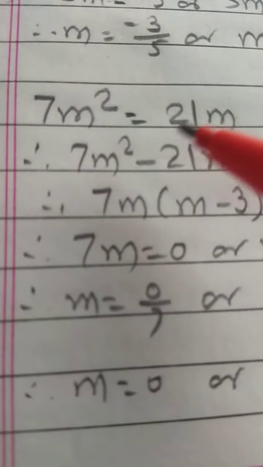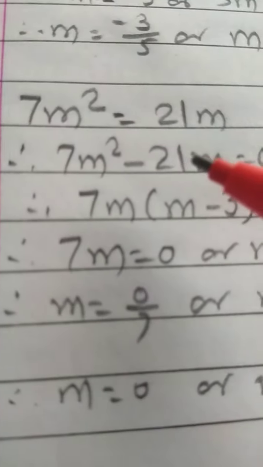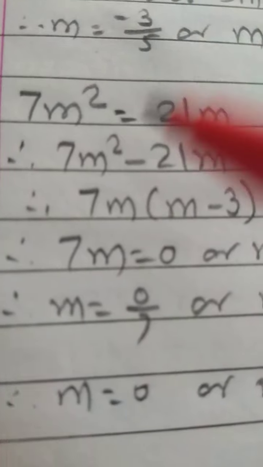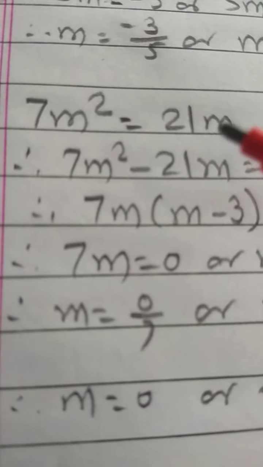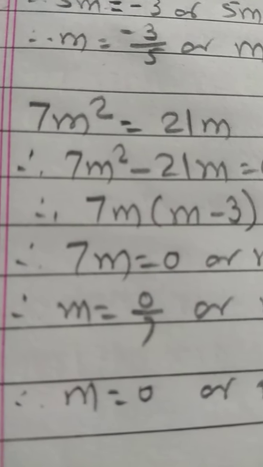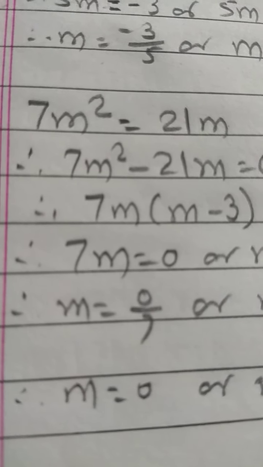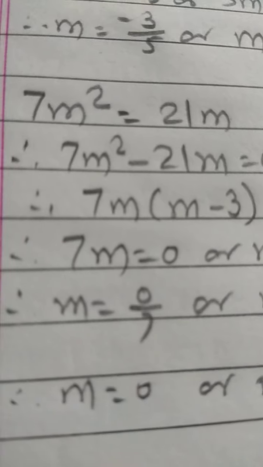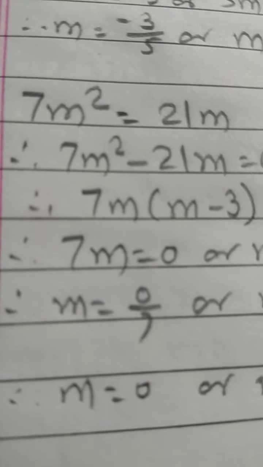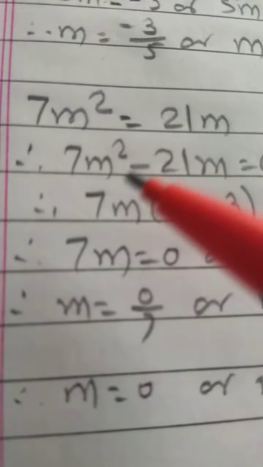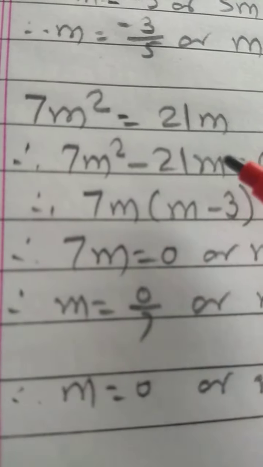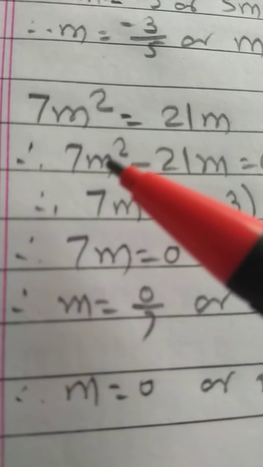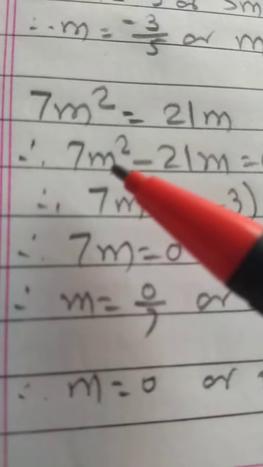Now, problem number 11. In this case, this 21m will come to this side and will become minus 21m. In this problem, the constant term, that is plus 5 or plus 4 or plus 3, plus 11, the constant term is absent here. In such cases, we should take common directly. Here, 7m is common in both the terms. As 7m is common here, we can take out 7m common from 7m square.